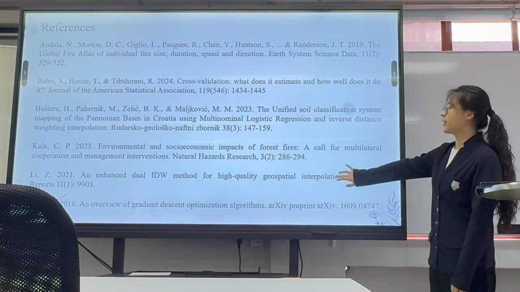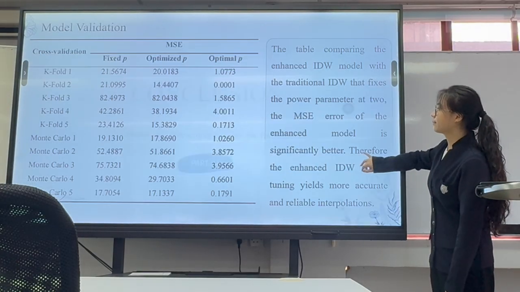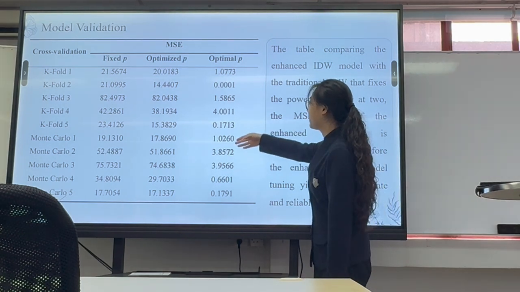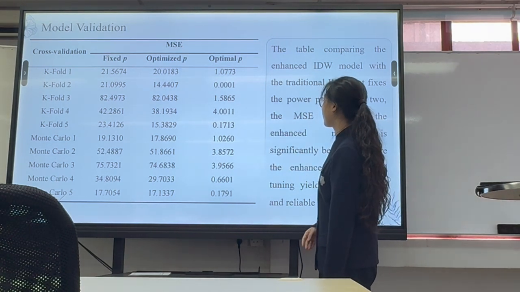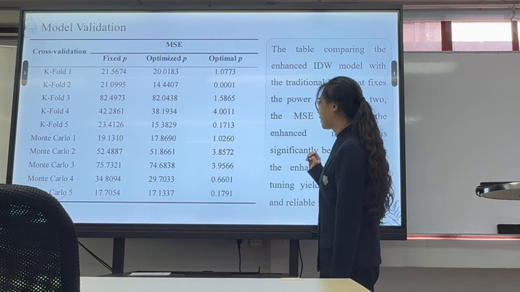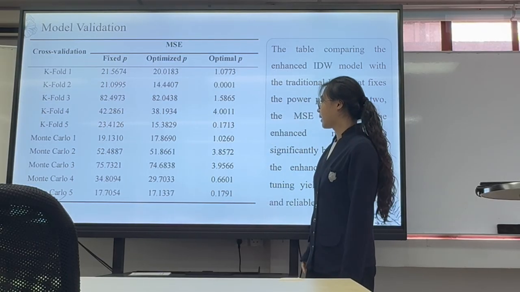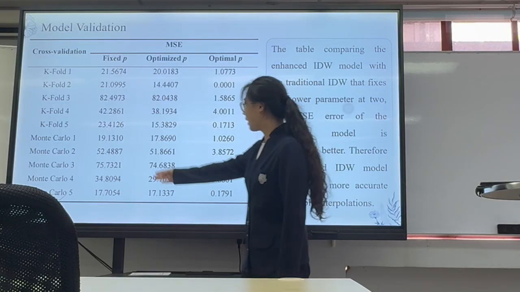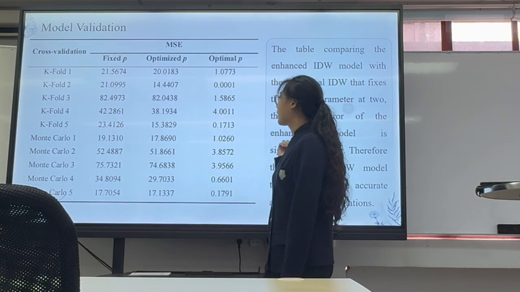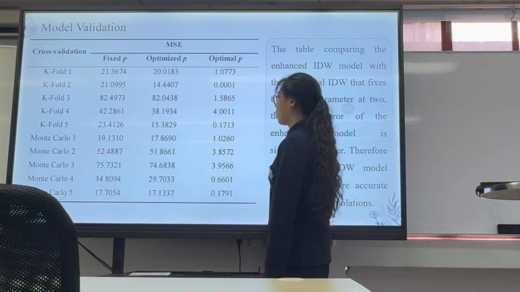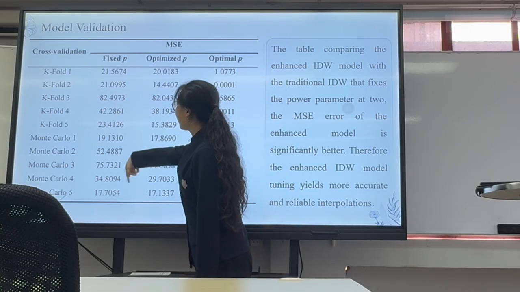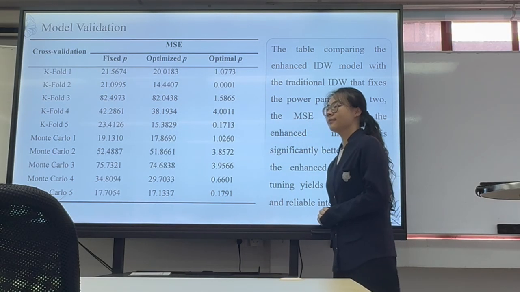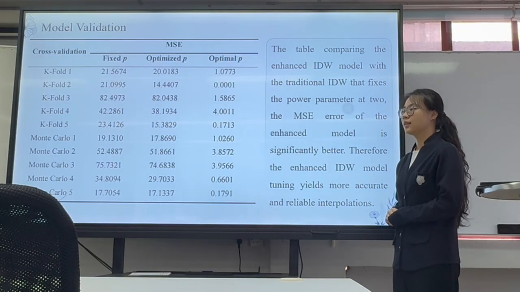The model validation is that this is the optimal P that I use gradient descent to get, and I have the MSE for the P. The traditional IDW is just P equal to 2. This is for P equal to 2. I compare this.